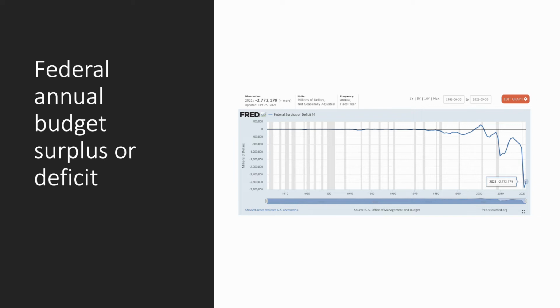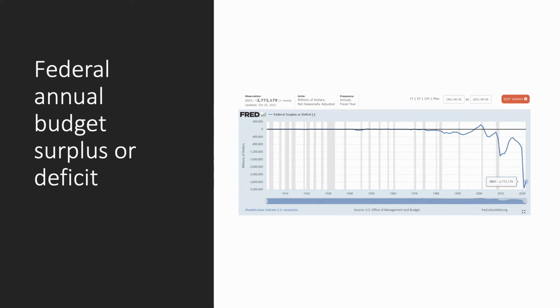We see that after 12 years of deficits, Bill Clinton, the Democratic president, was elected in 1992. And by the time he left office, we were back in the realm of having surpluses again. George Bush, Republican, was elected, and we end up in a deficit state.